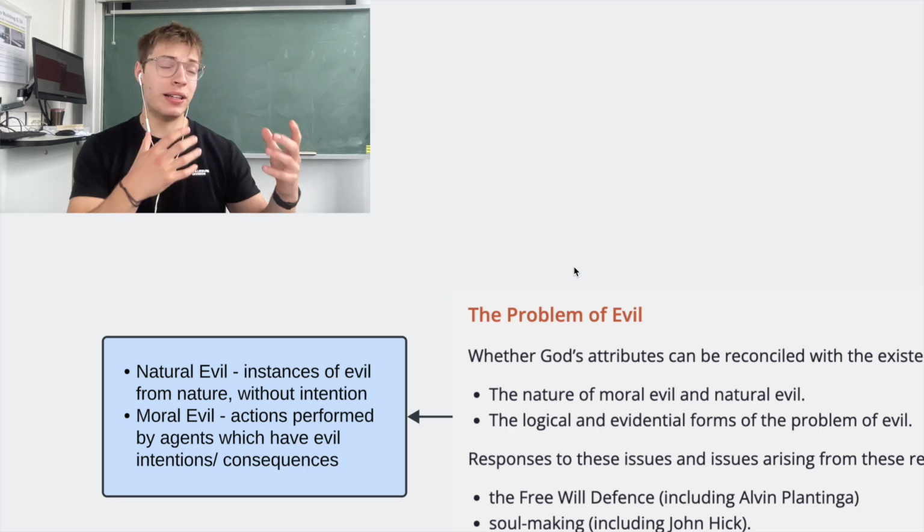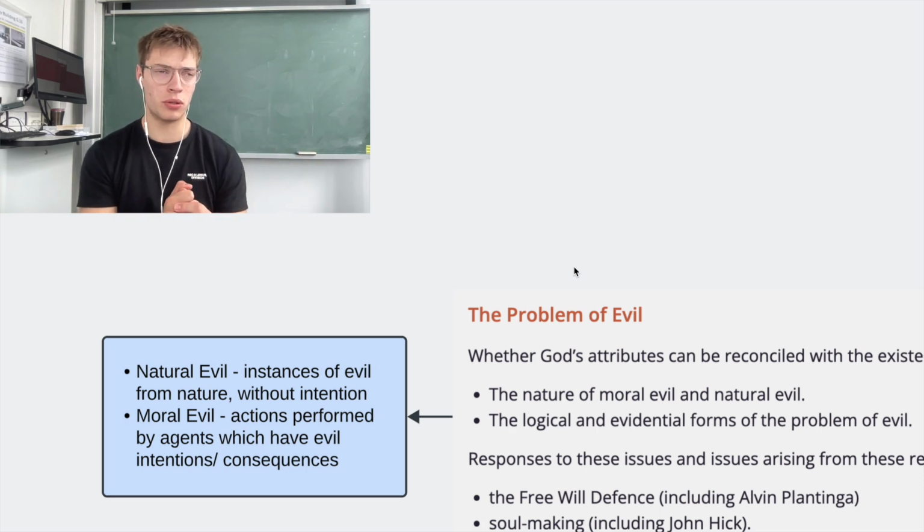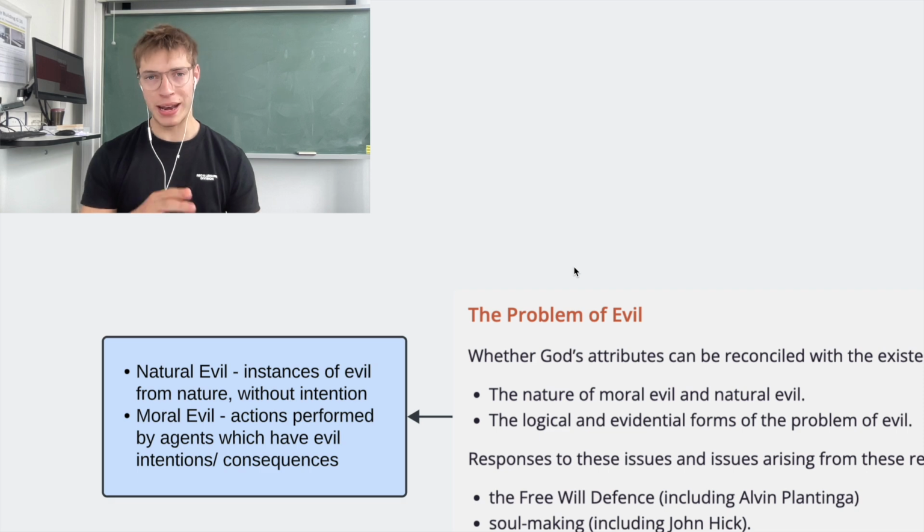But there were still evil intentions there. We would still call those evil. And so with moral evil, we can have evil intentions and evil consequences. That's the first important distinction that I need you to understand.